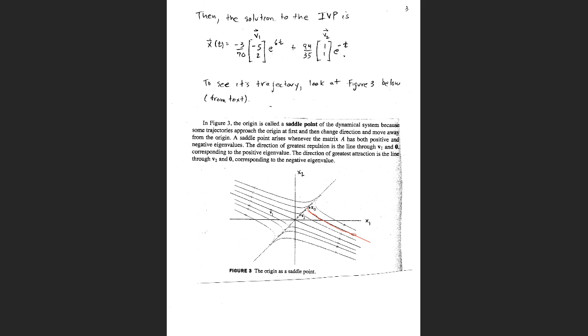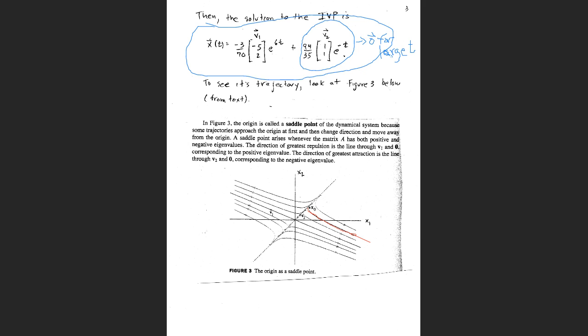We know based on our solution here that as t gets large, this component of the solution is going to approach the zero vector for large t, because e to the negative t power goes to zero.